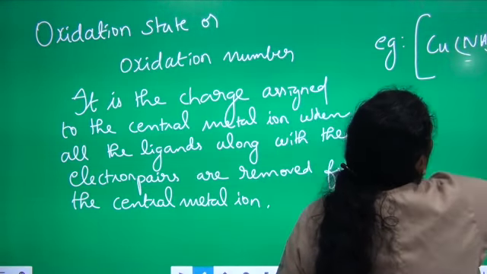Usually the oxidation state should be indicated by a Roman numeral in parenthesis, like this.